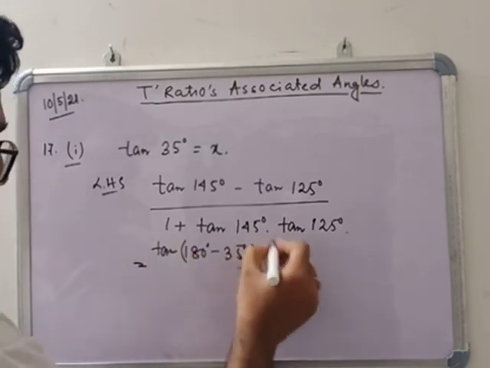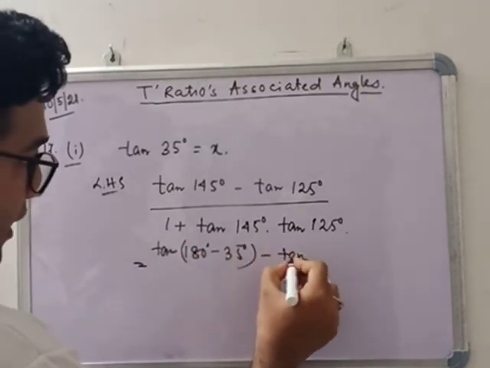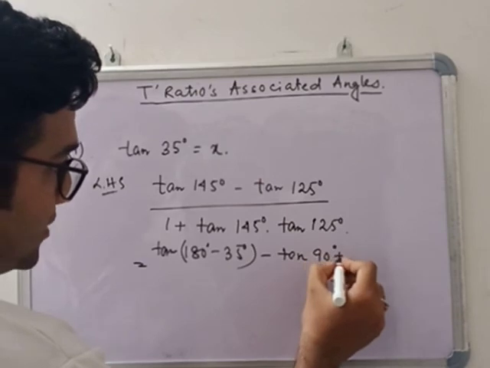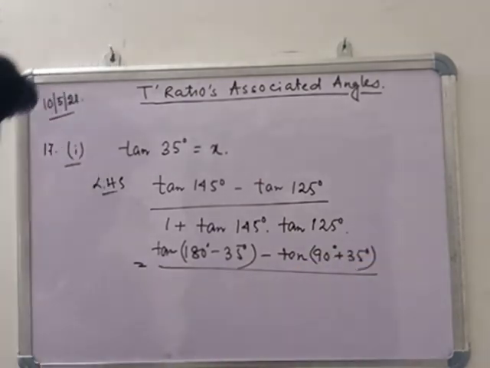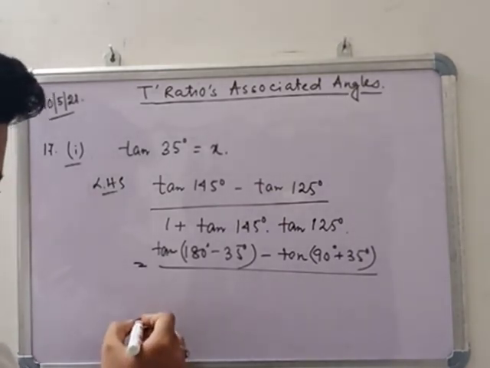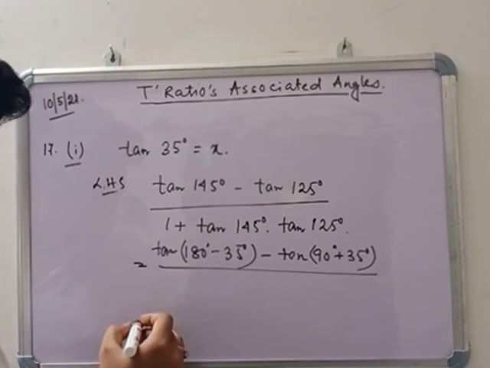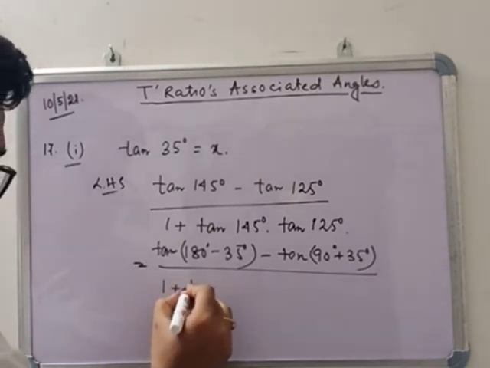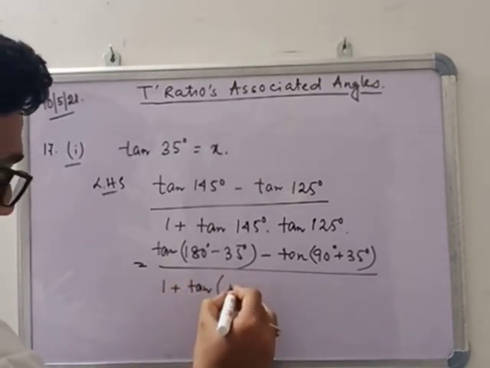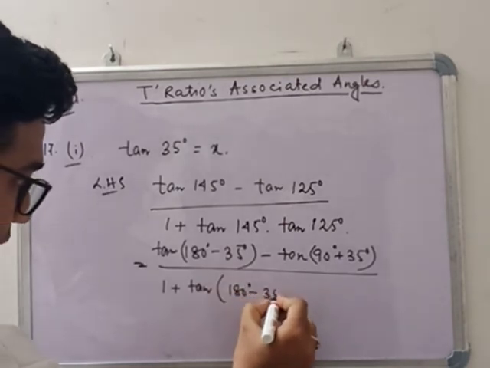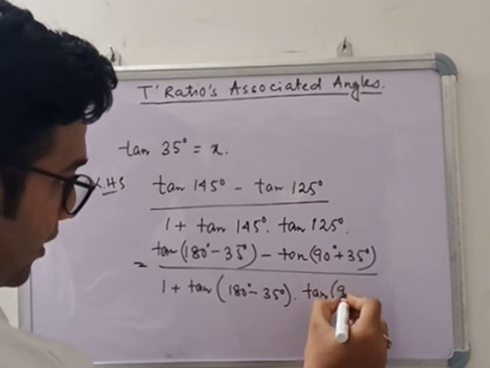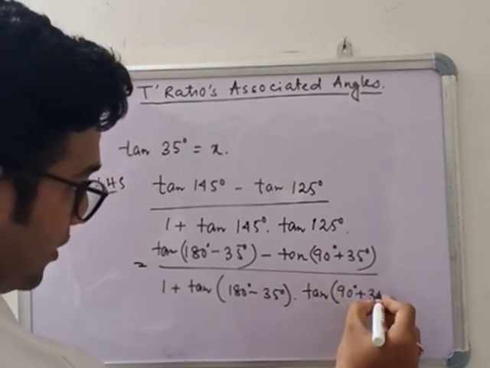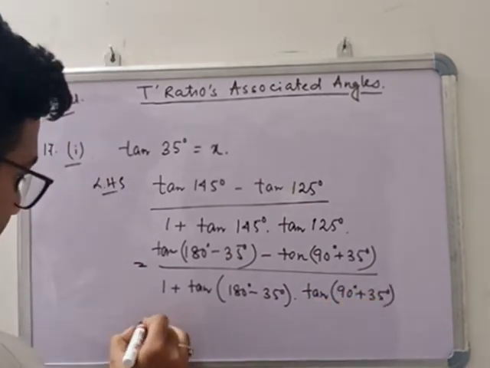And this is tan 90 degree plus 35 degree by 1 plus tan 180 degree minus 35 degree into tan 90 degree plus 35 degree.